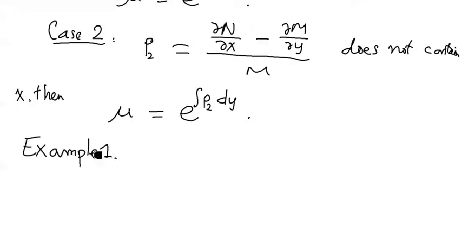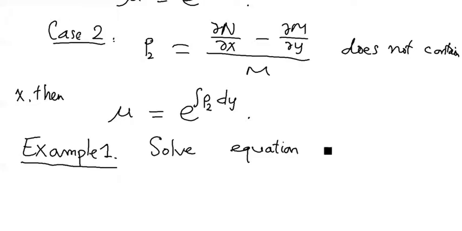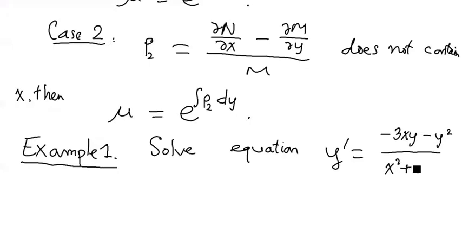Example 1. We want to solve the equation y prime equal to minus 3xy minus y squared, divided by x squared plus xy.